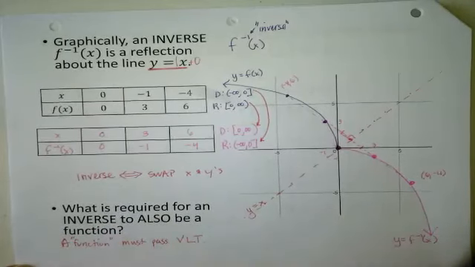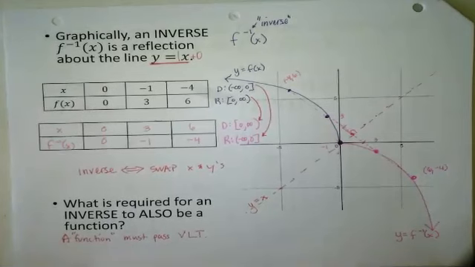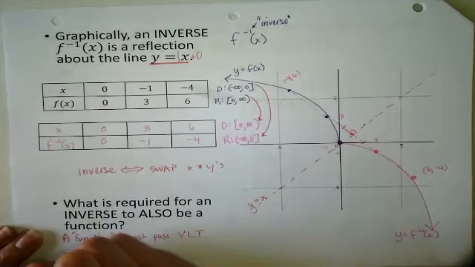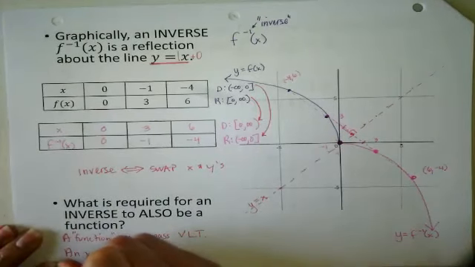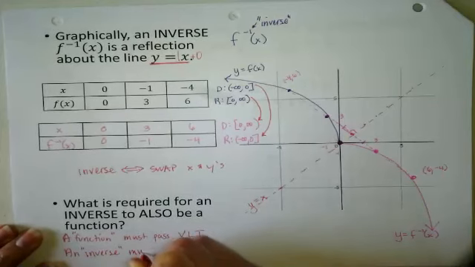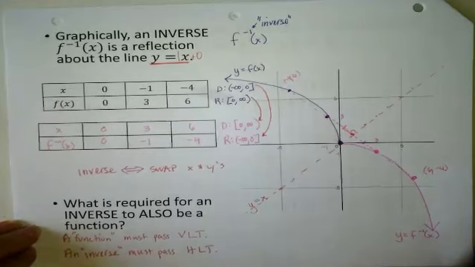We want to know if we can actually find an inverse that also happens to be a function. So an inverse must pass what's called the horizontal line test. All right, and we'll talk more about that in just a minute.